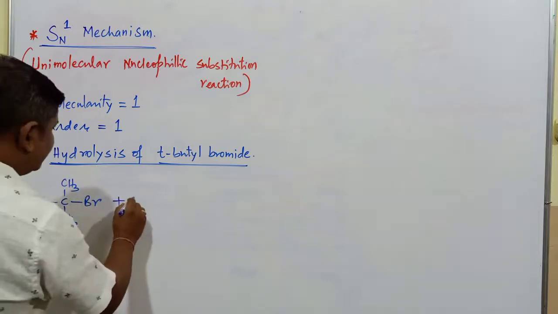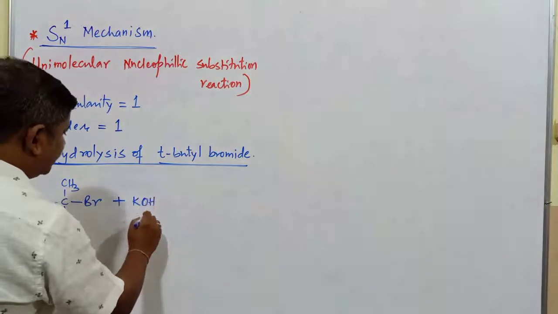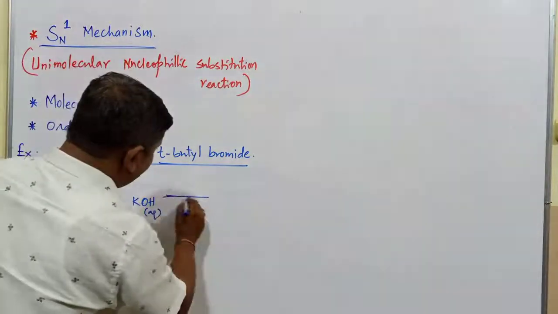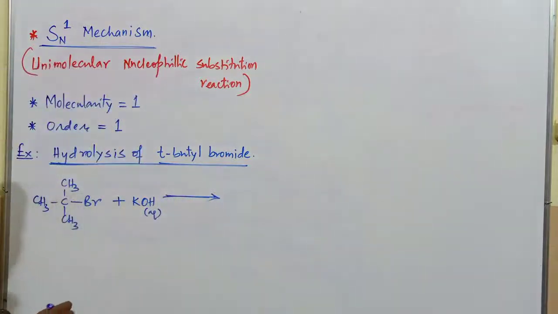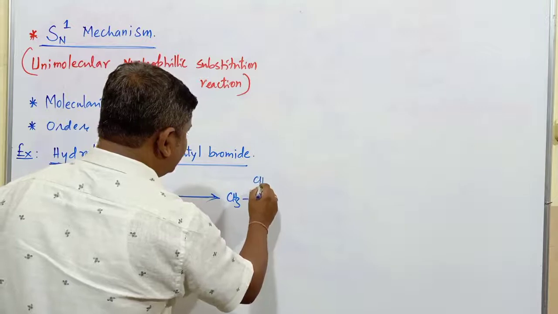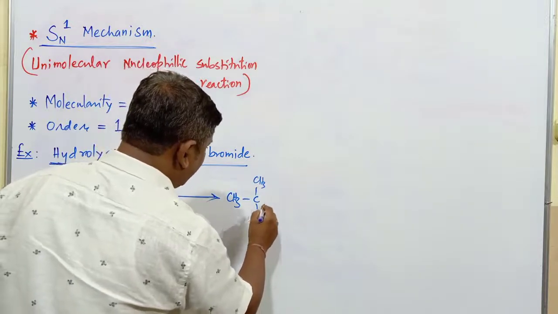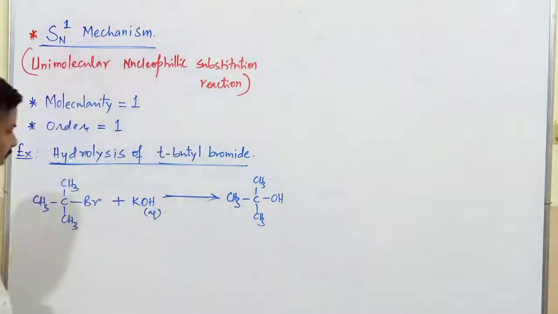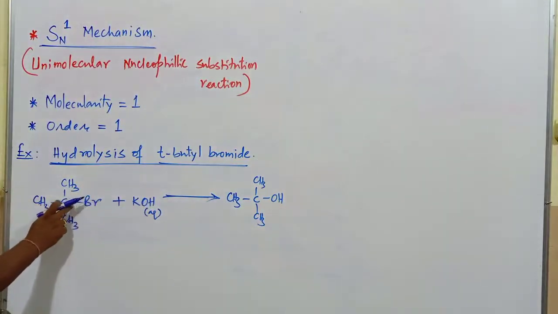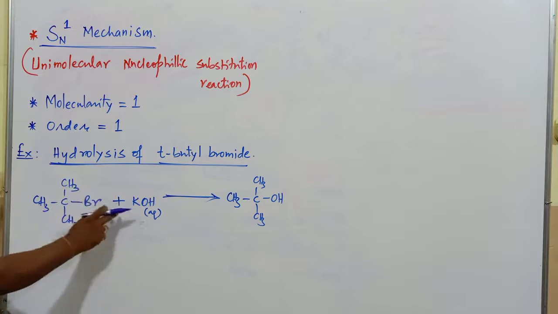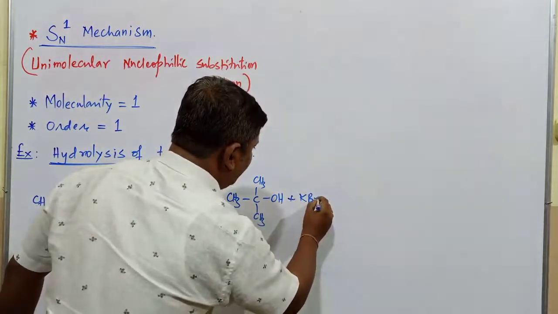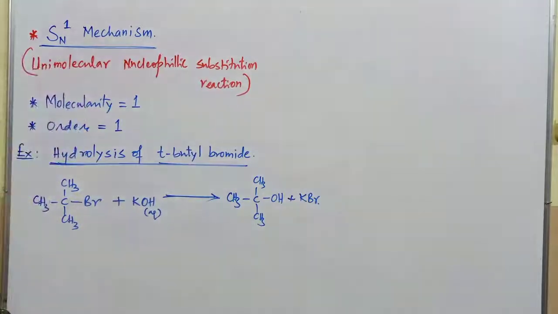When this is treated with aqueous potassium hydroxide, the compound obtained is CH3, CH3, CH3, and here it is going to be OH. This OH- nucleophile attacks this position, and Br is replaced by OH, plus KBr.